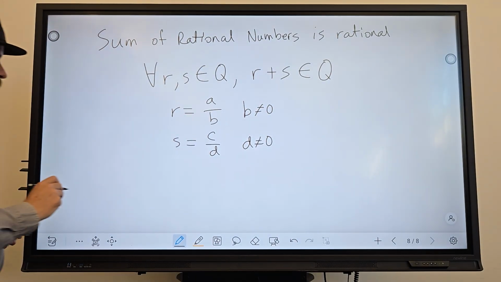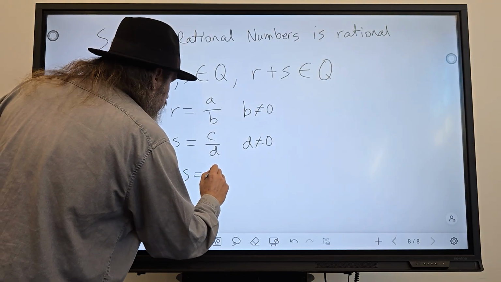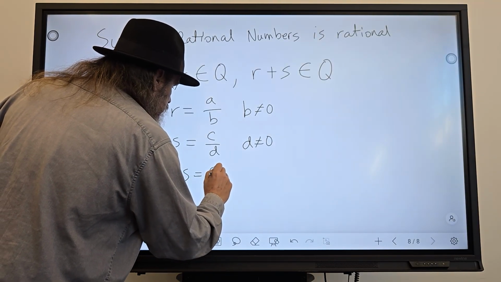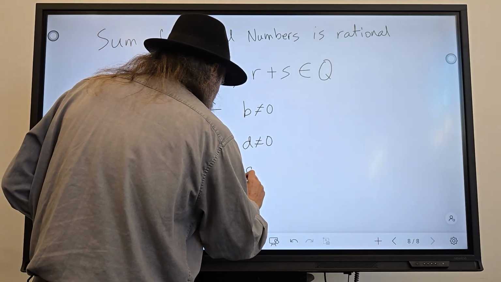And then r plus s equals a over b plus c over d.